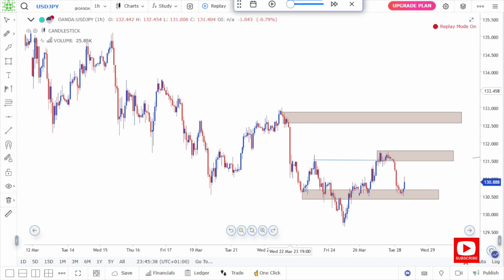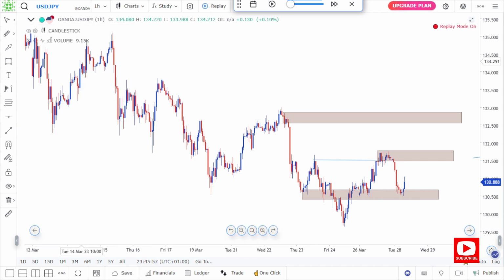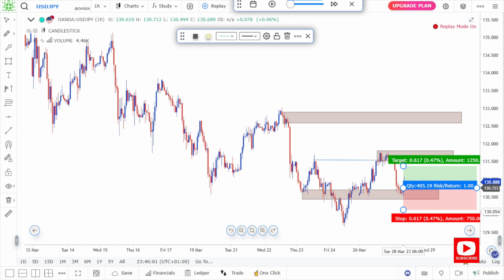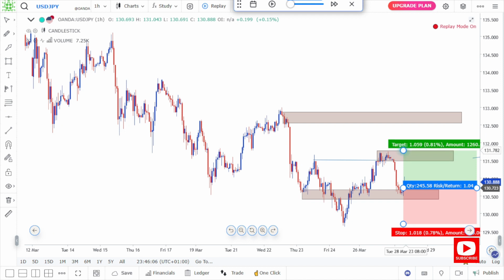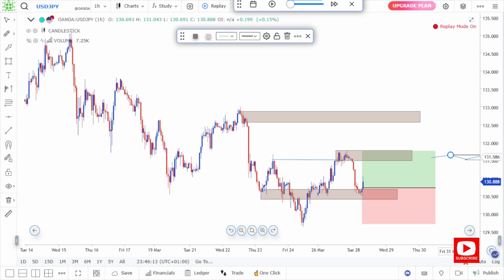Okay, here we have our retest and the Quasimodo has been triggered, so we take our long position. If the market is in a downtrend and the Quasimodo forms, it is going to the upside. We take our long position, stop loss slightly below, and take profit 1 right there.